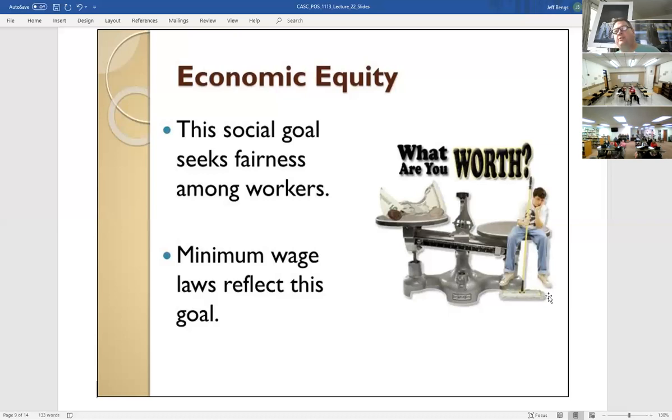So minimum wage is designed to give a fair wage to workers, help the owners of the businesses still be able to make a profit, but they can still pay their employees a fair wage, a living wage, and they can sell their products at a price that will make money, but that will not break the consumer.